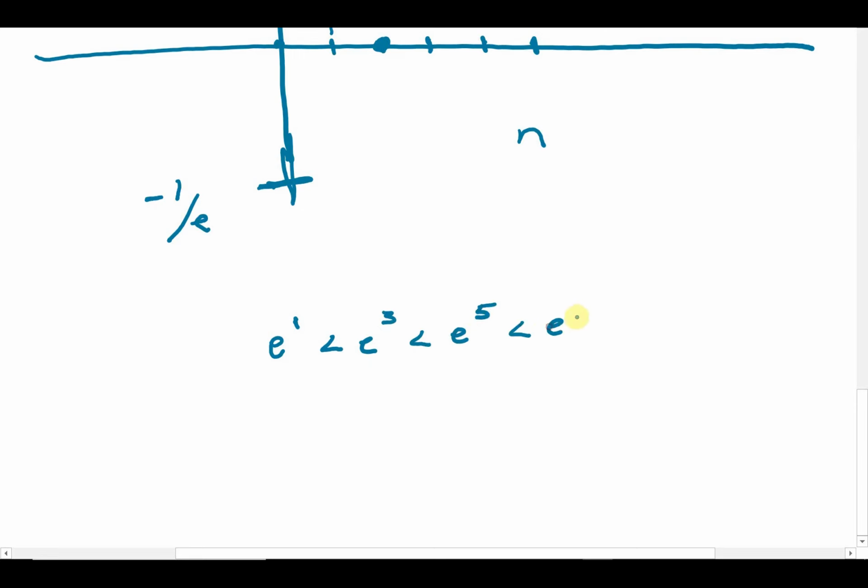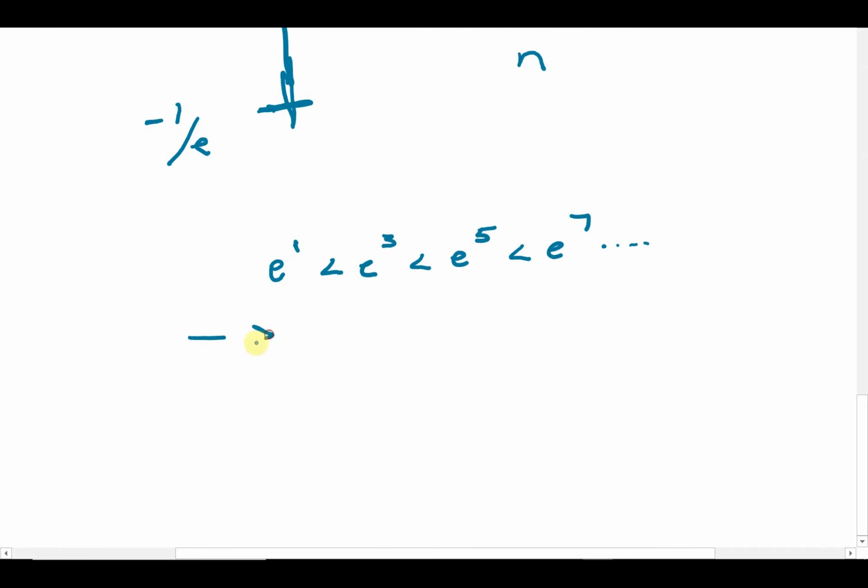You notice how it's all the odd numbers. Therefore, 1 over e1 is greater. We're flipping it because when the denominator gets bigger, the terms are getting smaller.